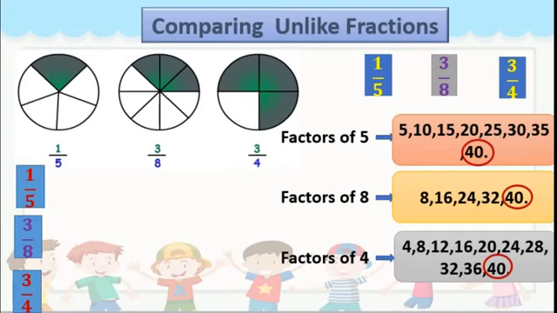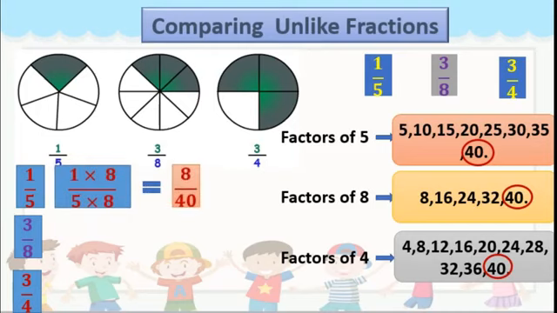Now 1 upon 5. So 5 eights are 40, isn't it? So we will multiply both by 8. 1 eight is 8 and 5 eights are 40. Got this? We will move to 3 upon 8. Here 8 fives are 40, so we will multiply both numerator and denominator by 5.